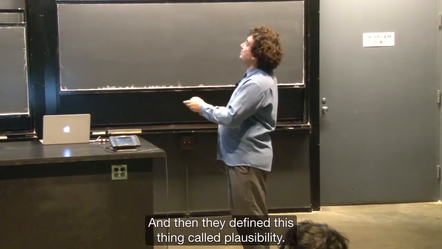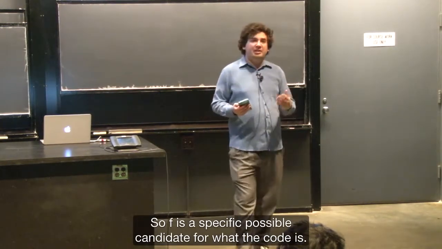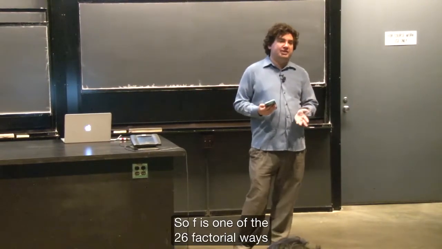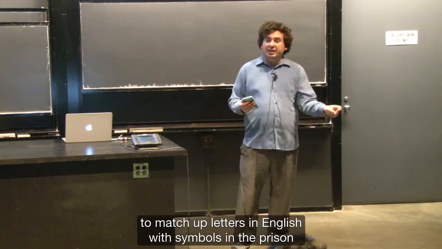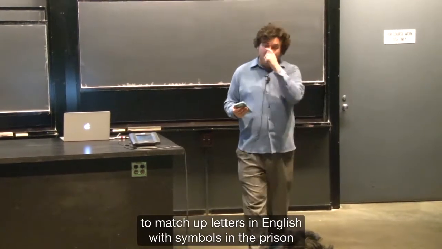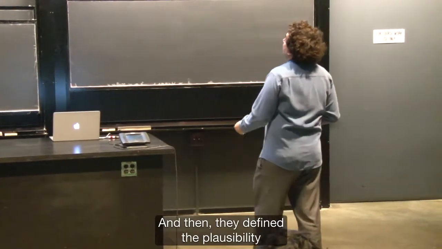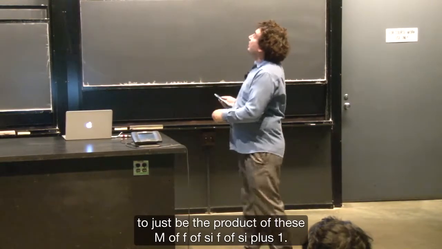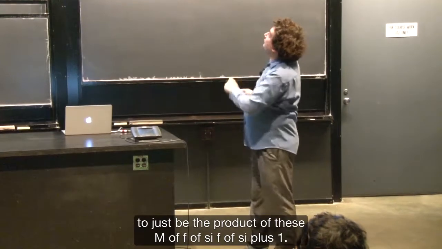And then they defined this thing called plausibility. So F is a specific possible candidate for what the code is, right? So F is one of the 26 factorial ways to match up letters in English with symbols in the prison code. And then they define the plausibility to just be the product of these, M of F of Si, F of Si plus 1.